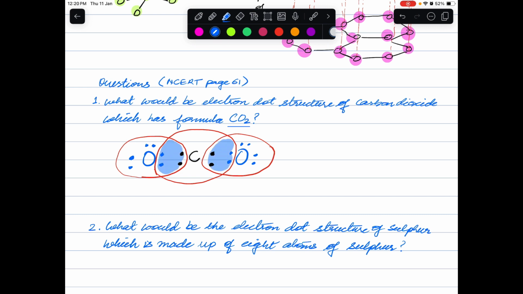Therefore we have carbon in the center with double bonds between carbon and oxygen. The pairs of electrons on oxygen that are not used in bonding are called lone pairs. This one is a lone pair of electrons. So every oxygen has 2 lone pairs of electrons. This is the electron dot structure of carbon dioxide.